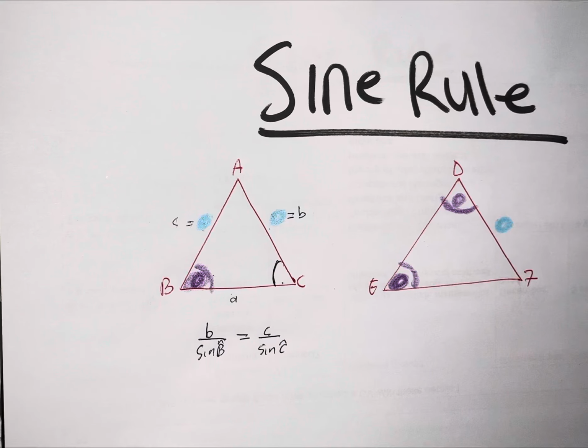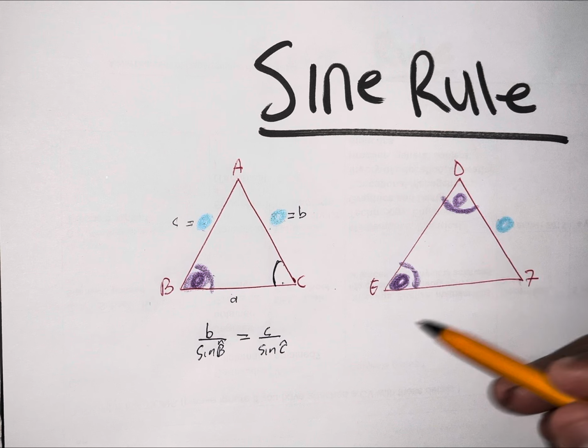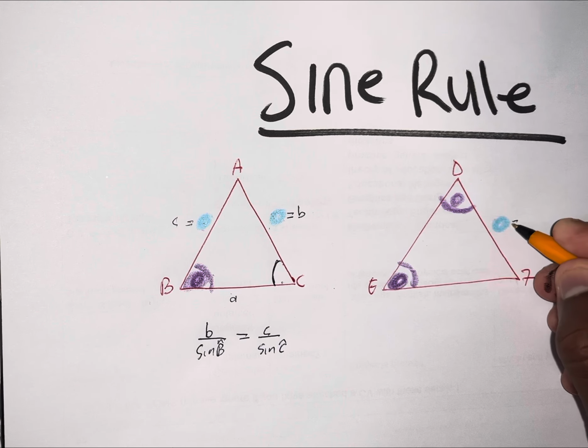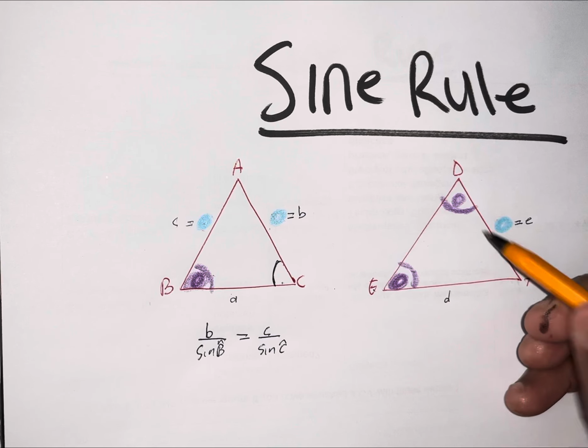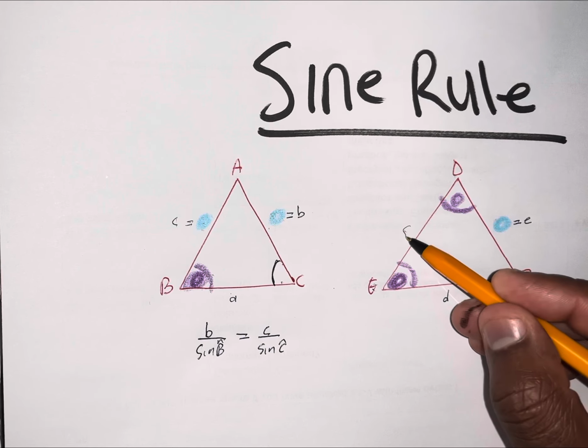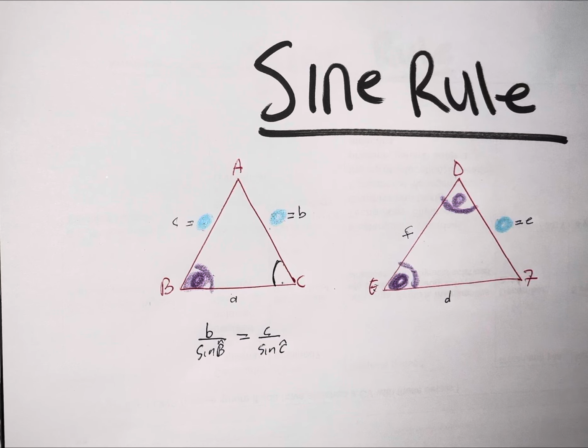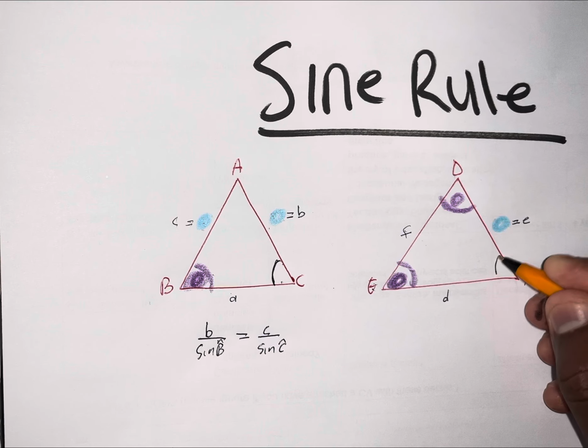So if you are given two angles and one side opposite one of the two given angles, you can use the sine rule. So this will be small letter e, this will be small letter d, and this will be small letter f, and this will be angle F again.